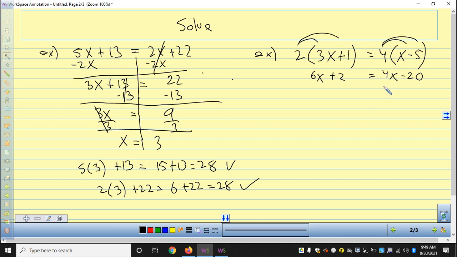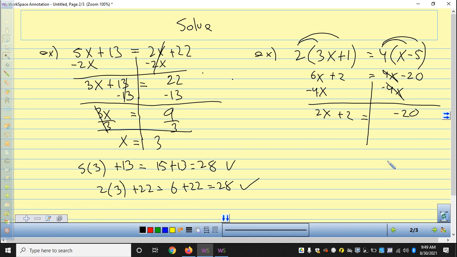So I'm going to subtract 4x, and if we do 4x, we don't get a negative. It's okay if you do it the other way. It'll still work out. 4x minus 4x is 0, so I end up with a negative 20 coming down. 6x minus 4x is 2x plus 2 equals negative 20.